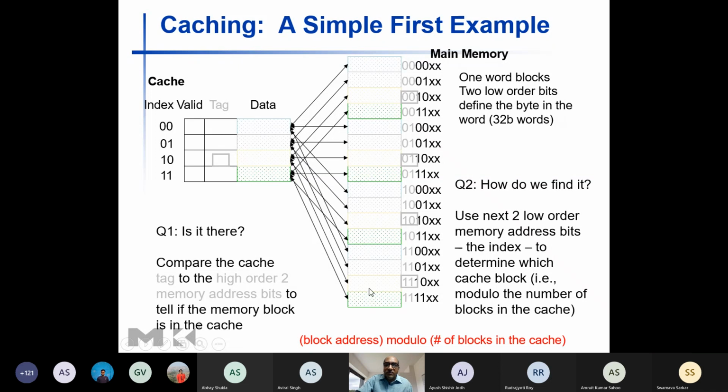Those 4 possibilities can be resolved by using the tag bits, the most significant 2 bits, 00, 01, 10, 11. So with that you can resolve which of the 4 words is present, right? Here in this case, the block size equals only one word.